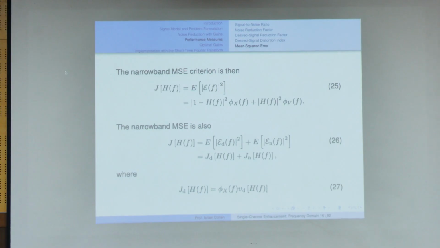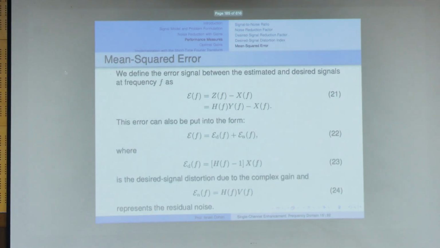So also for the mean squared error, we have 2 different definitions. One is the narrowband, and one is the broadband. Okay, I'll work from here somewhere.